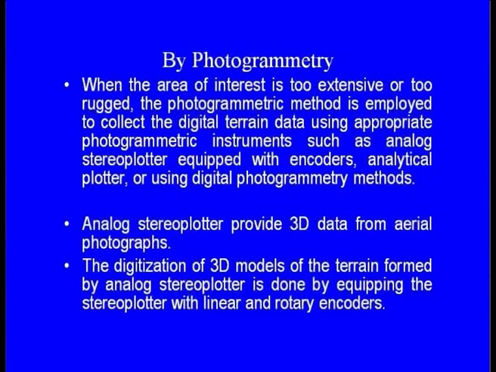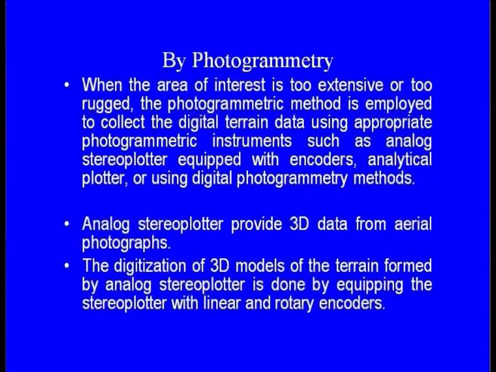The next source from which data could be extracted is photogrammetry. When the area of interest is too extensive or too rugged, the photogrammetric method is employed to collect the digital terrain data using appropriate photogrammetric instruments such as analog stereo plotter equipped with encoders, or using digital photogrammetric methods.